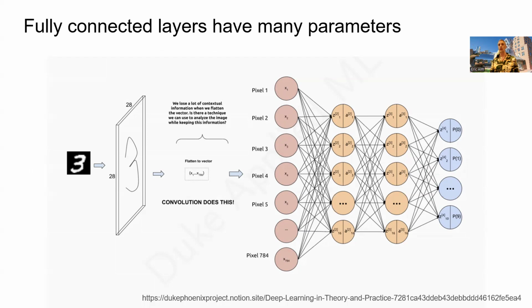So if it's 20 pixels across, then we would just make one vector of 400 values and put them into a fully connected neural net. And that's probably fine. And we can train that network to recognize those digits pretty well.